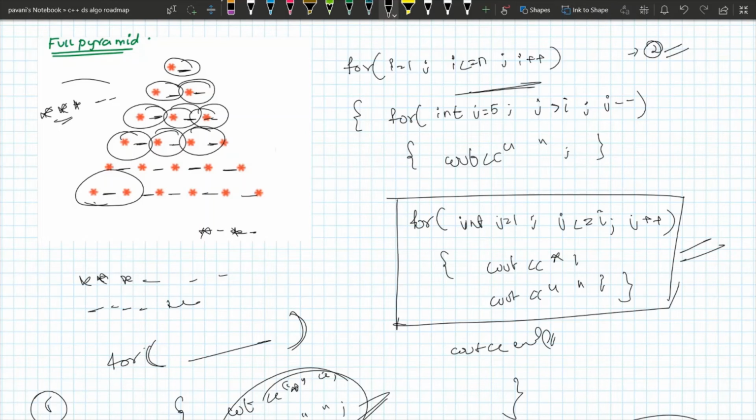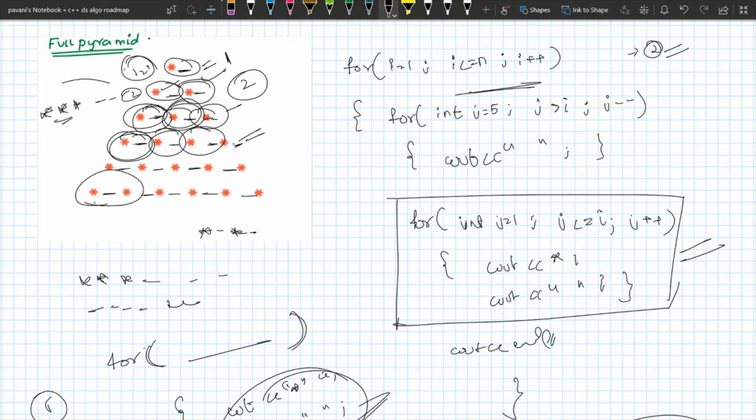For I equal to 1, one iteration is possible, which prints a star and then a space. For I equal to 2, there are two iterations, so the star and space are printed two times. For the third, three stars with spaces; for the fourth, 4 stars with spaces.